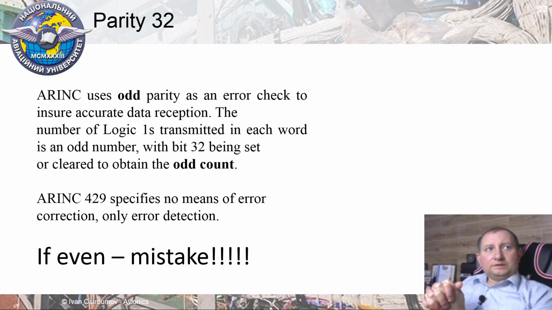ARINC 429 is used at different levels, and in any case transferred data in the digital world should be checked for failure. Thus, ARINC 429 uses odd parity as an error check to ensure accurate data reception.